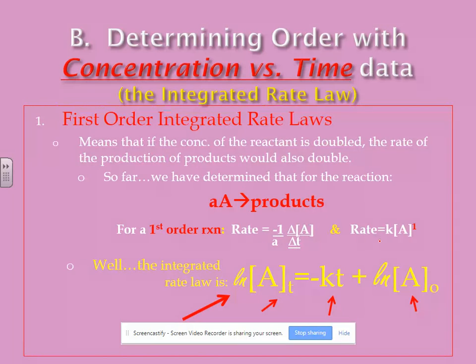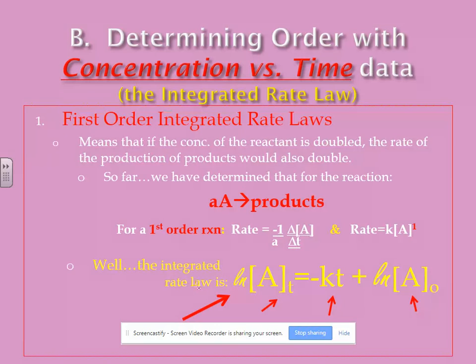And also, if you were to consider the differential rate law that we determined using method of initial rates, if it were first order from our calculations that we did yesterday, we would write the differential rate law as rate equals k times A to the first power, first order.